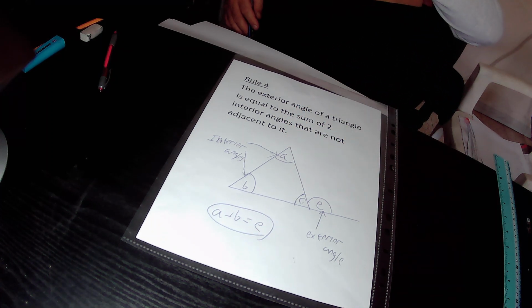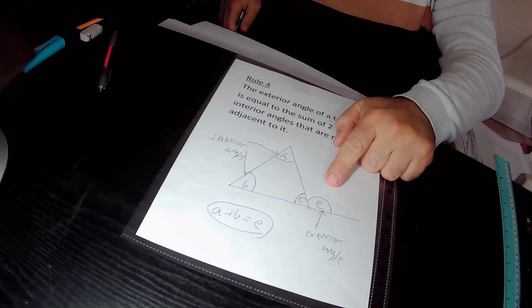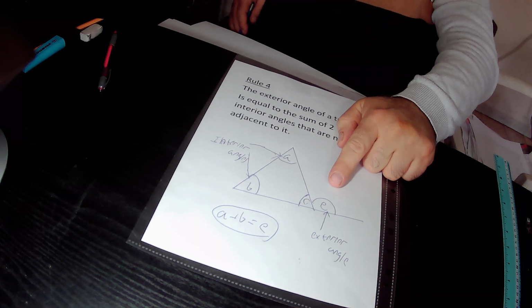According to rule 4, the size of angle E equals the sum of the two interior angles that are not adjacent to it.